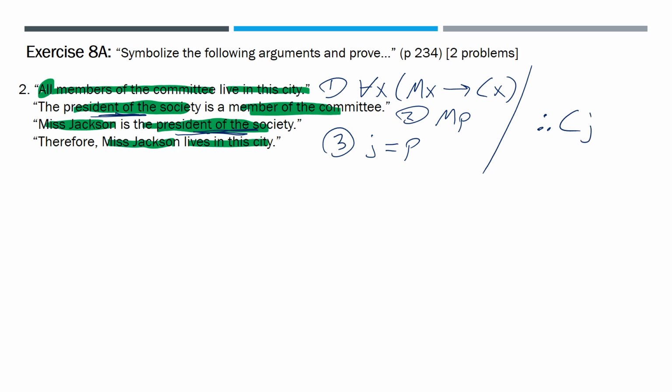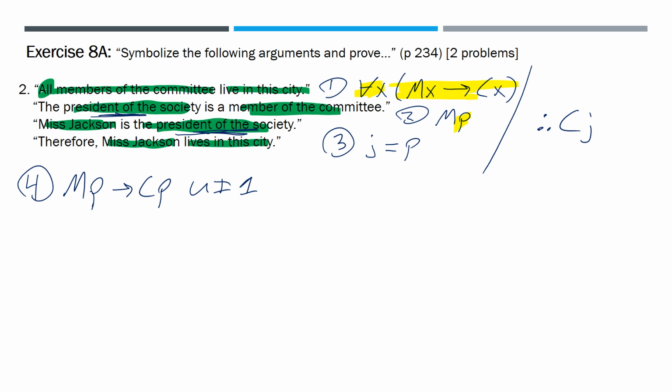How should we start? We should work with the first line. We have this universal quantifier. We can instantiate it. What can we substitute in for x? Well, we're dealing with the president of the society. We really should input P for x. So for line 4, we can get if MP, then CP by the universal instantiation of line 1.